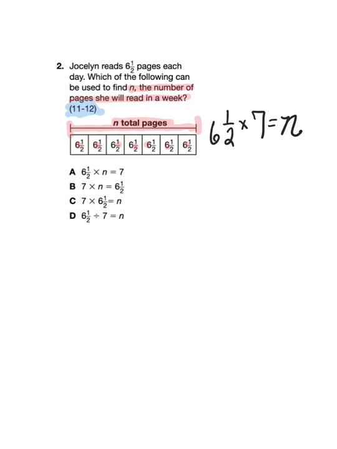So which of these expressions looks like it matches that? Looks to me like C most closely matches it. 7 times 6.5 equals n, her total number of pages. The only difference is that my two factors are reversed, and we know that that doesn't matter in a multiplication expression.